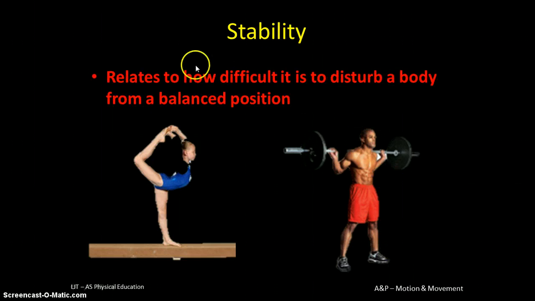So stability relates to how difficult it is to disturb a body from a balanced position. So this girl, it would be quite easy to disturb her in terms of making her unstable, making her unbalanced. This guy, a bit more stable, you'd have to do a lot more to make him unbalanced.